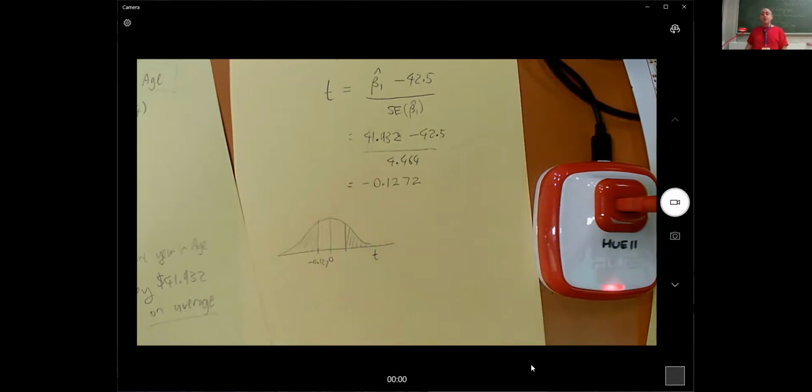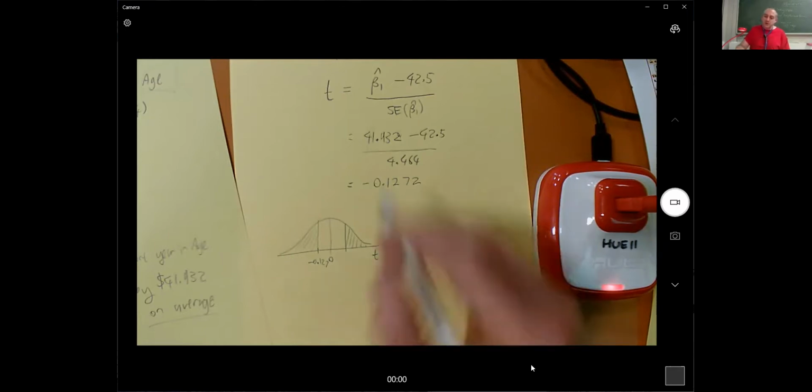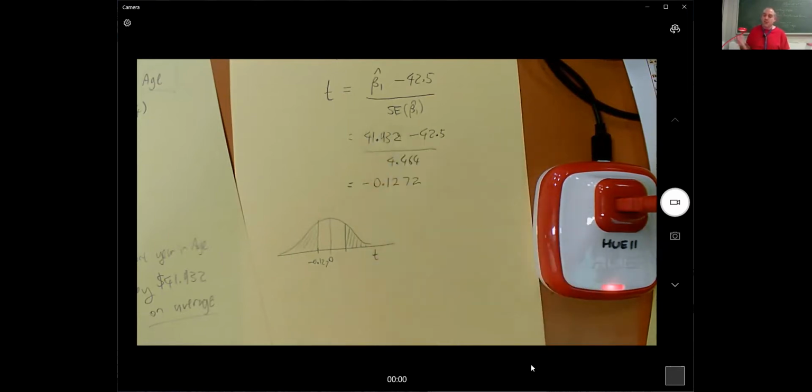So basically, I'm saying I'd be just as surprised if it was 42.5 as if it was the same distance below, just as surprised at being 41.9 as if it was 42.8. So normally we try to find the t table. Yep, this would need to be in a t table.